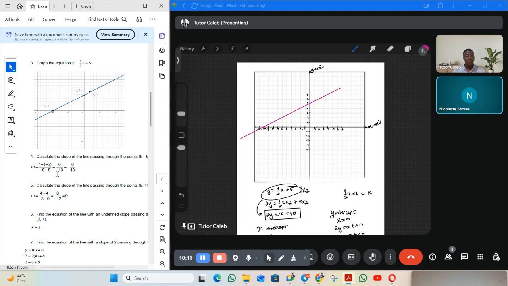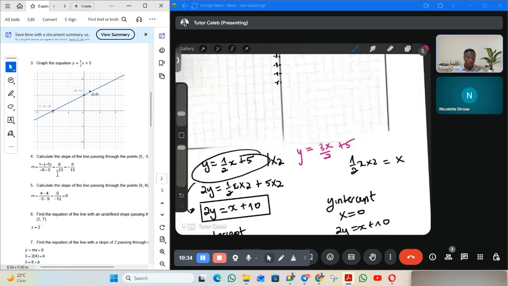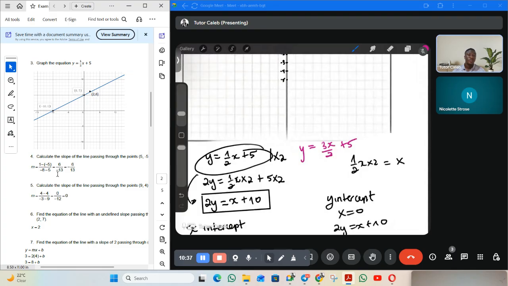Okay. Now, let me say something. The fraction could be something like this. Let's imagine that the fraction was y equals 3x over 2 plus 5.